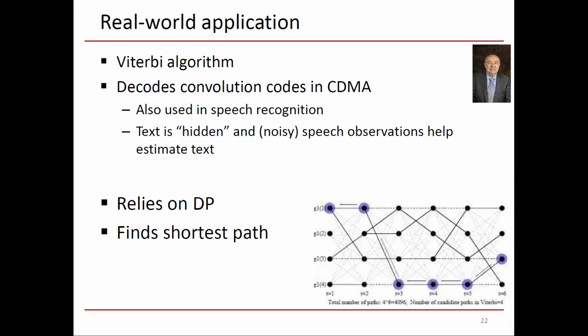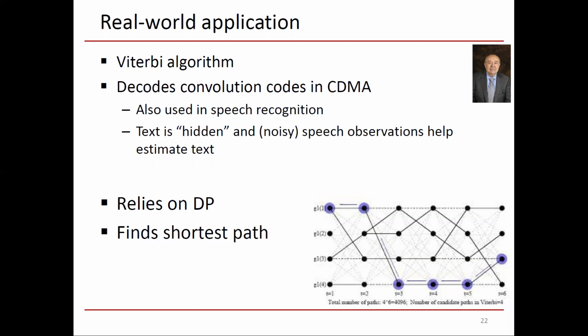So here's another application. A very well-known application that all of us on our phones are using, the Viterbi algorithm, named after Andy Viterbi, the gentleman whose picture we see on the right. And just as a personal note, I've had the pleasure of running into Viterbi on a few occasions.